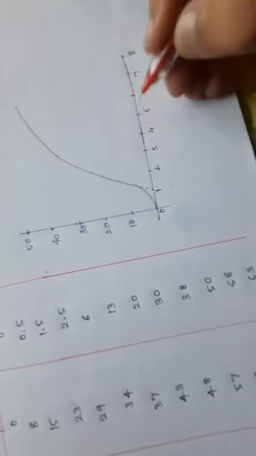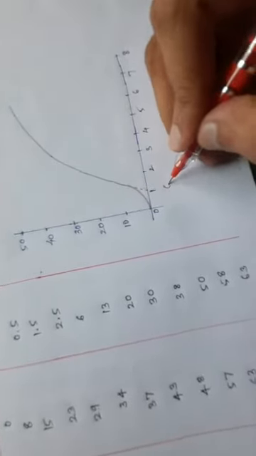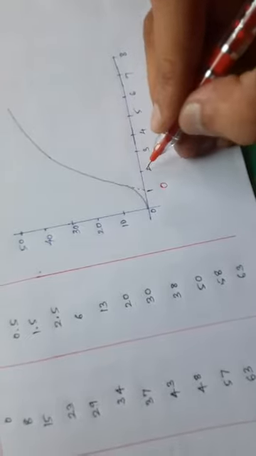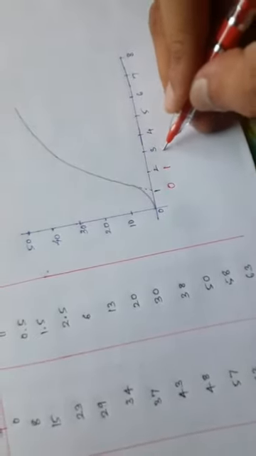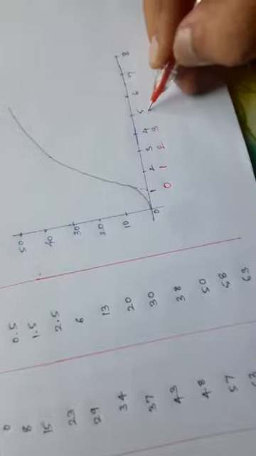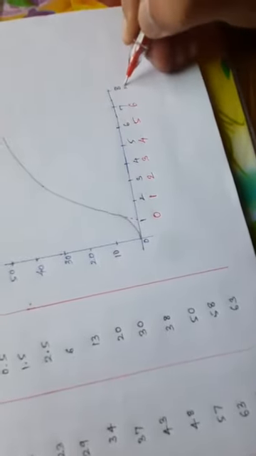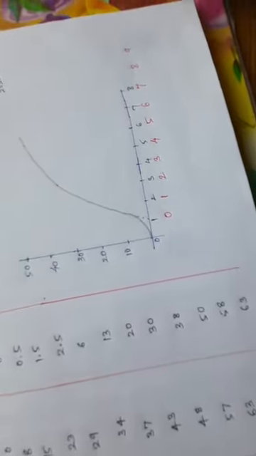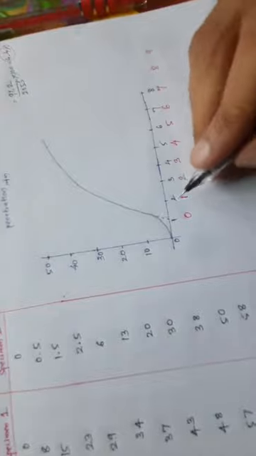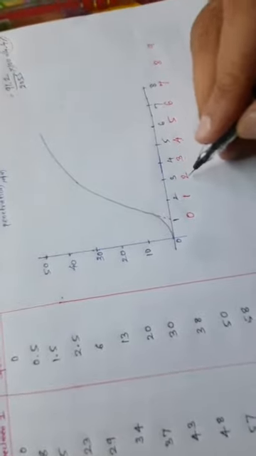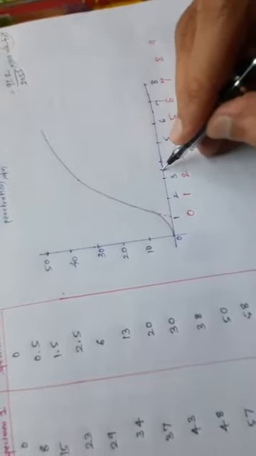So the penetration values will be from here: 1, 2, 3, 4, 5, 6, 7, 8, 9, and it goes on until 12.5. Clear? From this point, the 2.5 mm will be here.